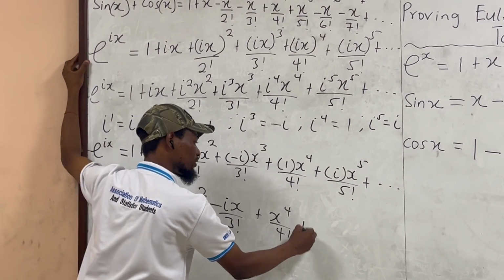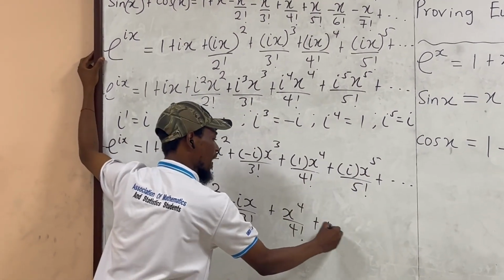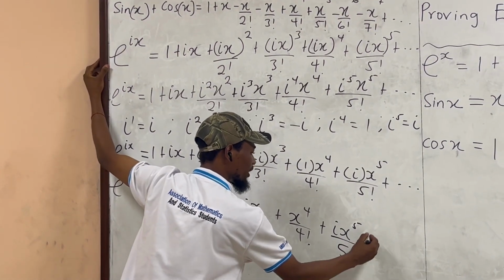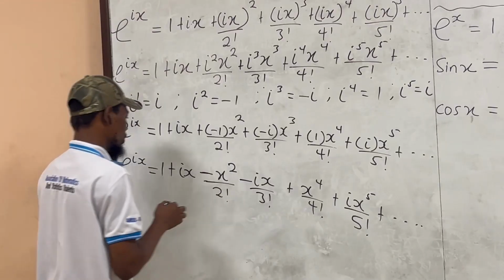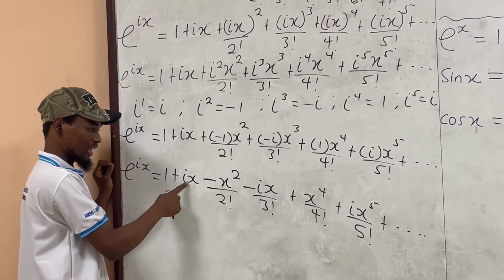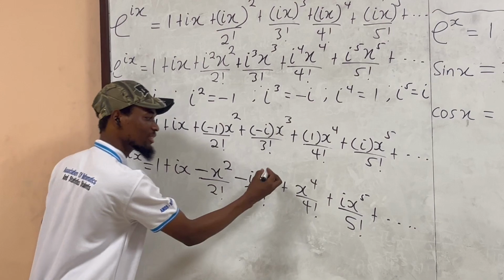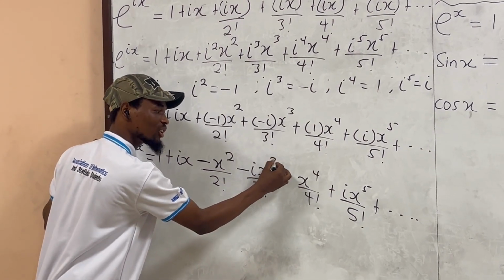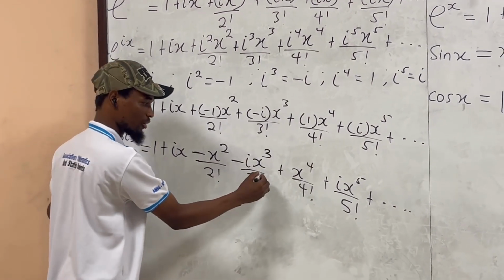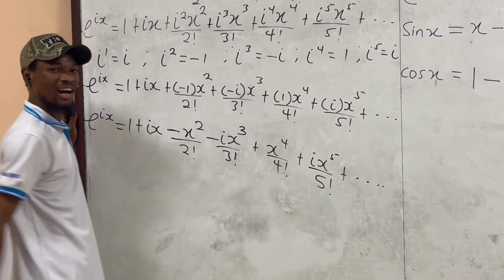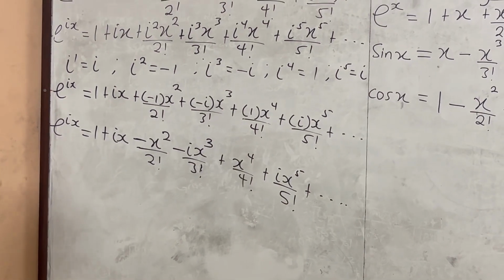Then I have plus i times x, which is ix to the power 5 over 5 factorial. So we have 1 plus ix minus x squared over 2 factorial minus ix cubed over 3 factorial. Then plus x to the power 4 over 4 factorial in that sense.